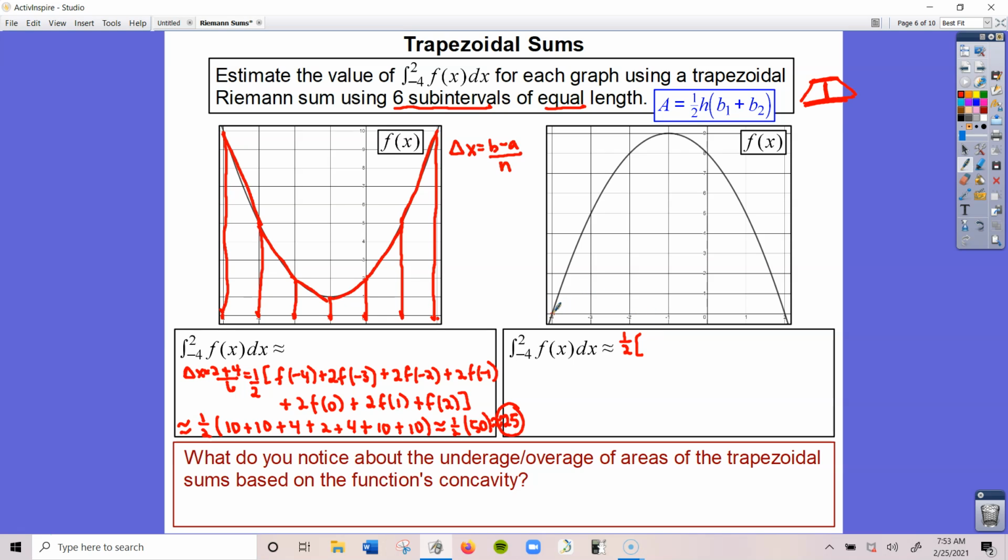So we're starting at -4 to 3 to -2 to 1 to 0, 1, and 2. So let's draw these trapezoids. This height is just 0, so it's going to actually be more of a triangle. Then we have the next one here.